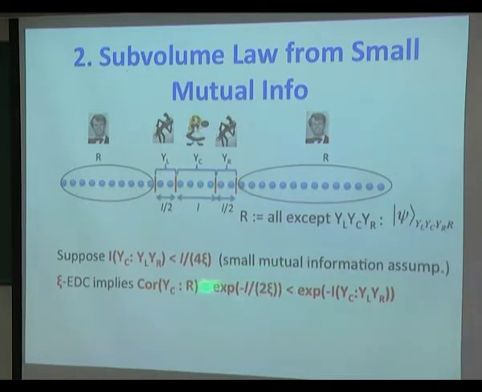So by exponential decay of correlations, this is smaller than something exponential in minus L over 2 xi, because the separation is L over 2. But what's our assumption? This is our assumption. So this means that this bound is smaller than something exponentially small in YC with Y left and Y right. And now we want to use our lemma again, about correlations and entropy. So I didn't write it, let me write it here.